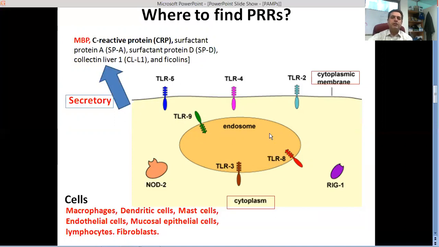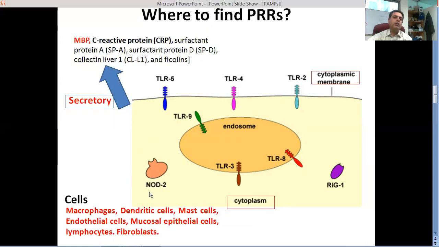Similarly, apart from the cytoplasmic membrane, you can find these PRRs in the endosomes, and some of the PRRs are present in the cytoplasm. What are the PRRs present in cytoplasm?